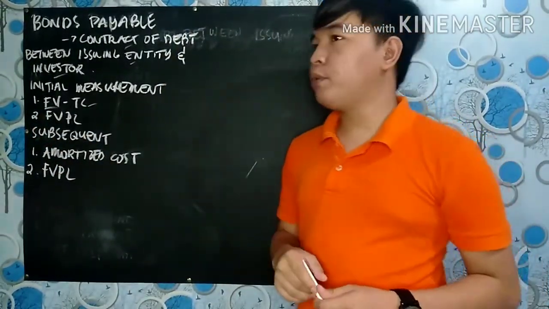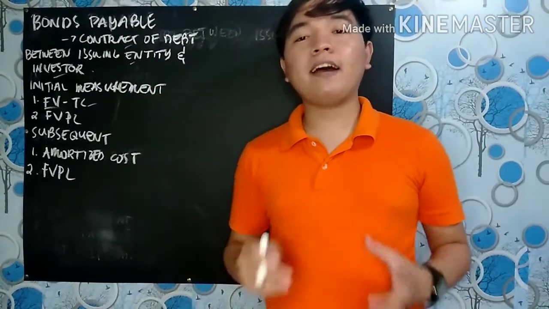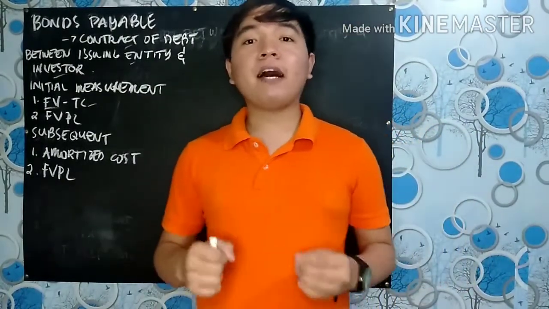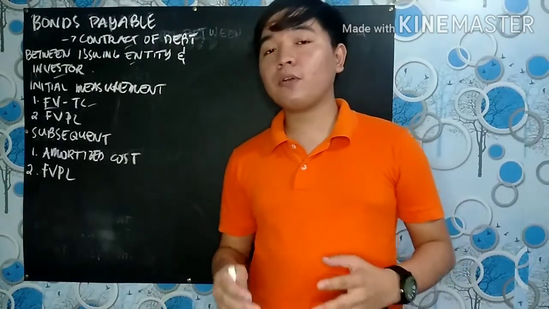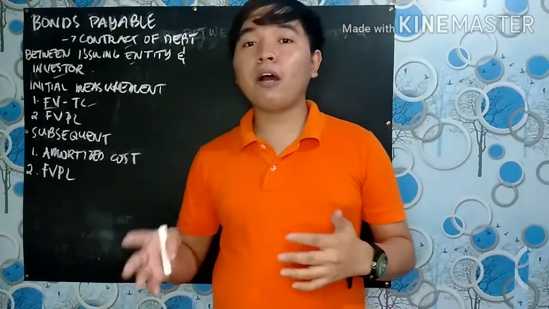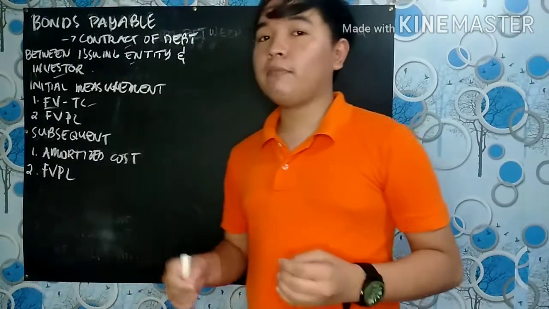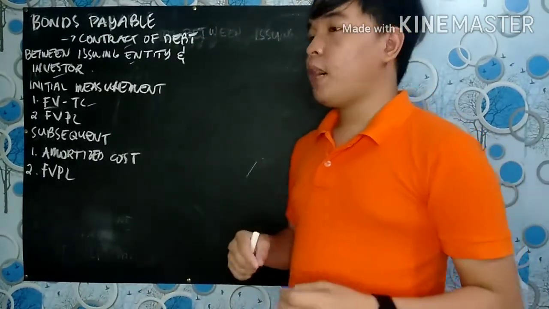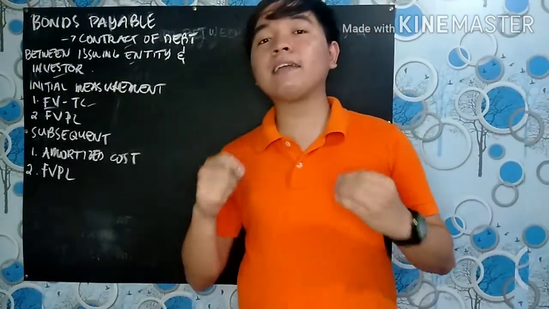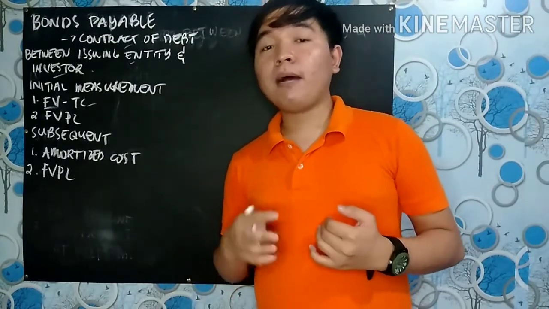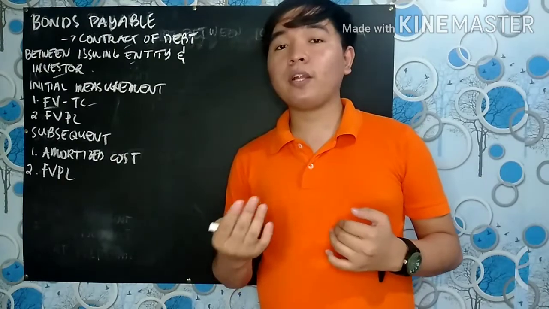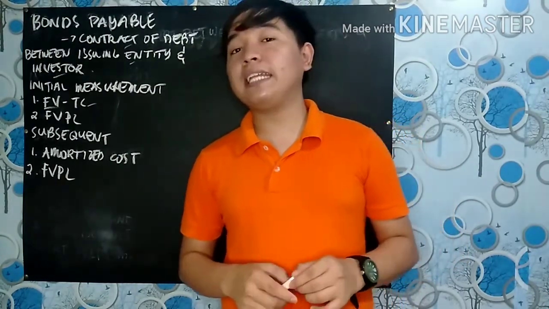Yung fair value po, sabi sa libro ni Valix, it is the present value of all cash payments for the bonds. So, lahat ng mga babayaran mo about sa bonds, yun yung fair value. And also, ito yung gusto kong tandaan nyo, it is the net proceeds received by the issuing entity by issuing the bonds to the investor, excluding the interest.